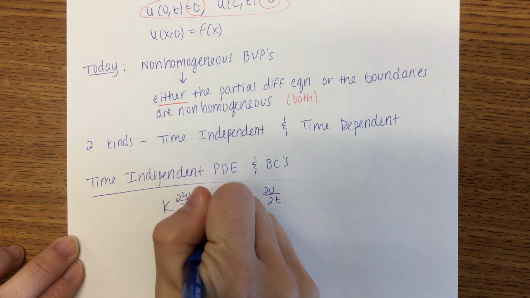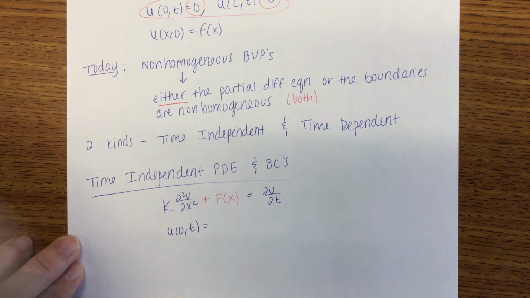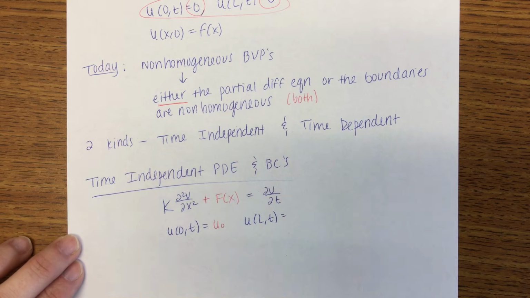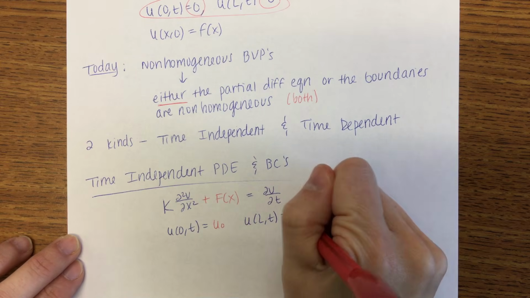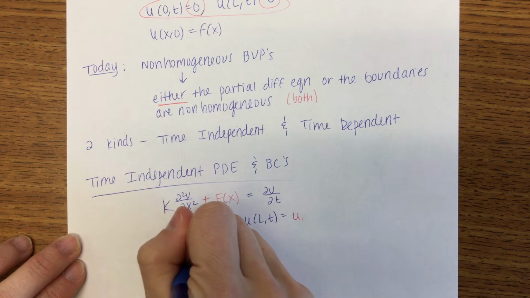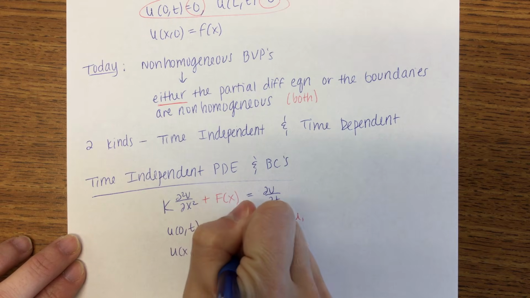Your u of 0,t is going to be equal to u_0, so it's not going to be equal to 0. And your u of L,t is going to be equal to u_1. And then u of x,0 will still be equal to f of x.